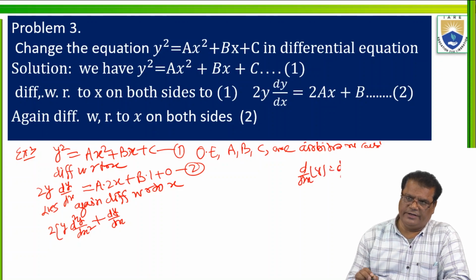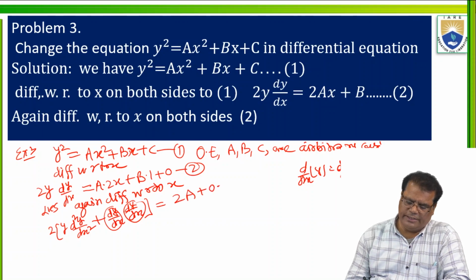This is the left side, equal to 2a plus b's 0 and 0. This is equation 3.